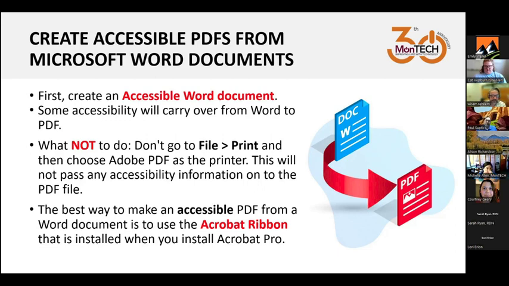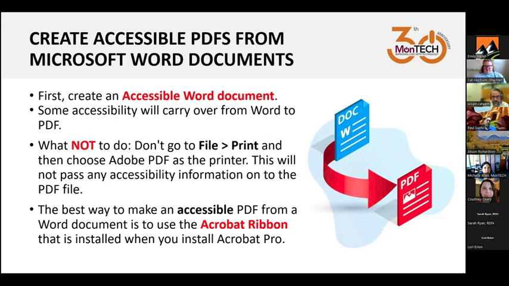I think Michelle mentioned this, but I will say it again: we should not convert the file from Word to PDF using print, like print as PDF. That will not carry any accessibility features from Word to PDF.